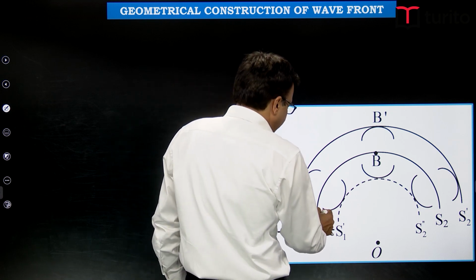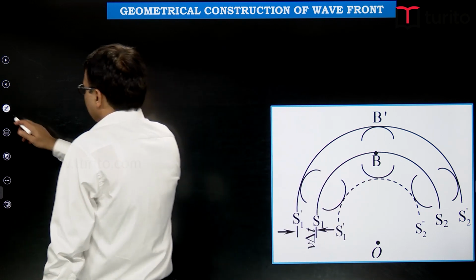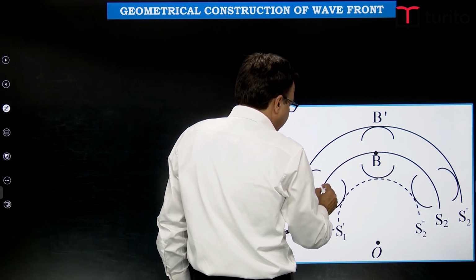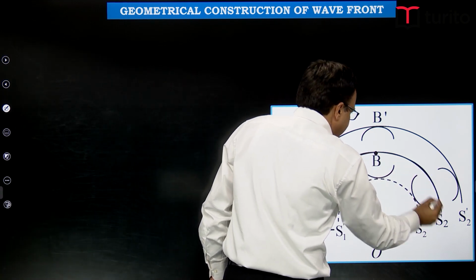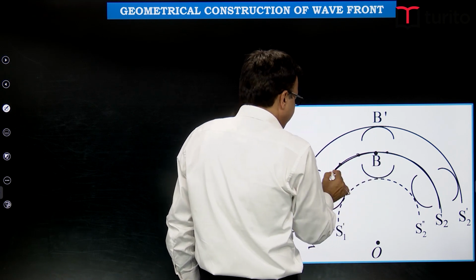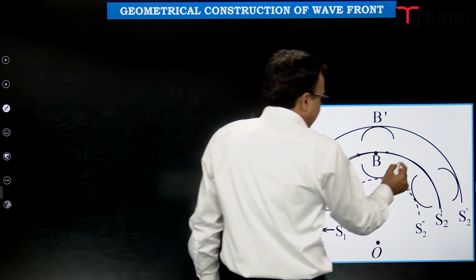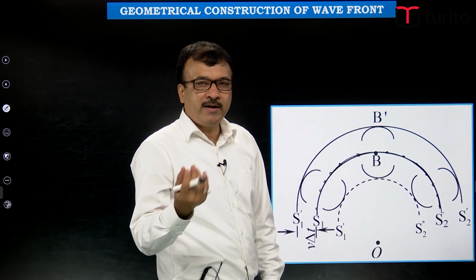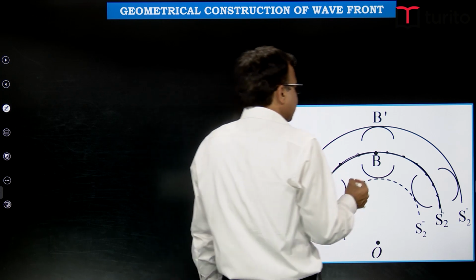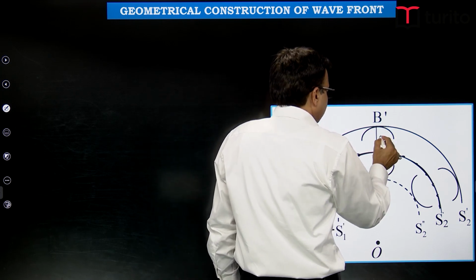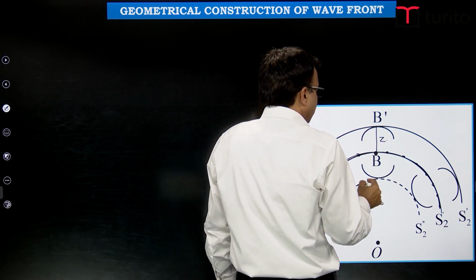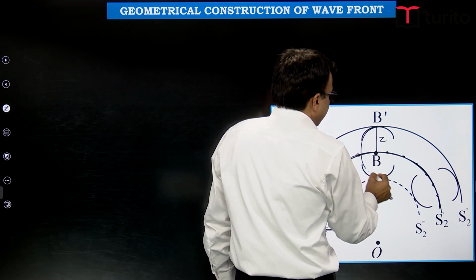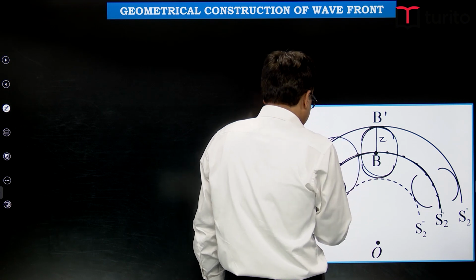If this is S1, S2, S1, S2 is the original wavefront. Then consider each point on this wavefront as a new source of secondary wavelets, and suppose we take some distance z as radius, and this point on the original wavefront as a center, and we construct several spheres.